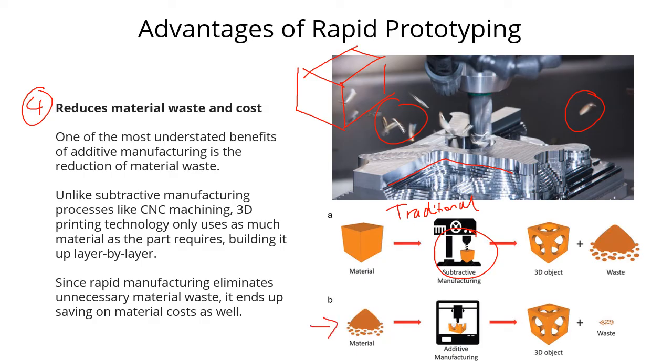But the additive manufacturing, because it's just adding layers, it's not getting rid of anything, you have less waste. So you might have some support, but you don't have as much waste as more traditional manufacturing processes. So it ends up saving on material costs and eliminates the kind of unnecessary waste.